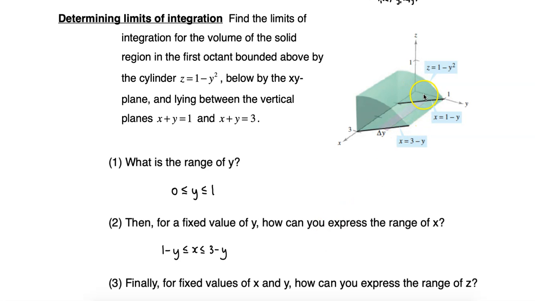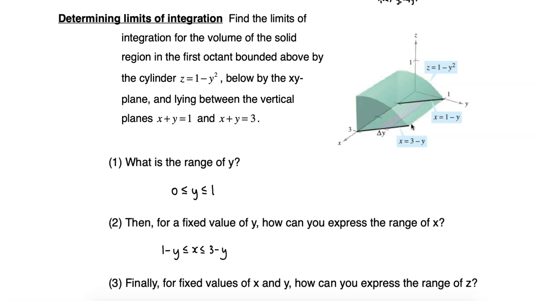Here, if we chose x as the outermost integral, it would not be the right choice, because x depends. Here x goes from 0 to 2, and here x goes from 1 to 3, so x depends on y. z also depends on the other variables. Here it goes from 0 to 1, but at the end it goes from 0 to 0.